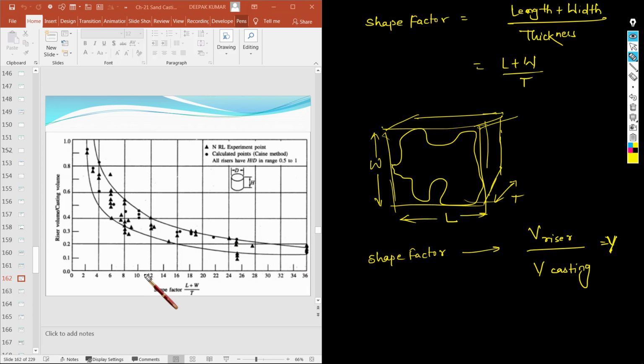Let's suppose the shape factor comes 14, then corresponding to this, check what the riser volume is. Are you getting? So from here we have the volume of casting given, and we can calculate the volume of riser using the Naval Research Laboratory method.